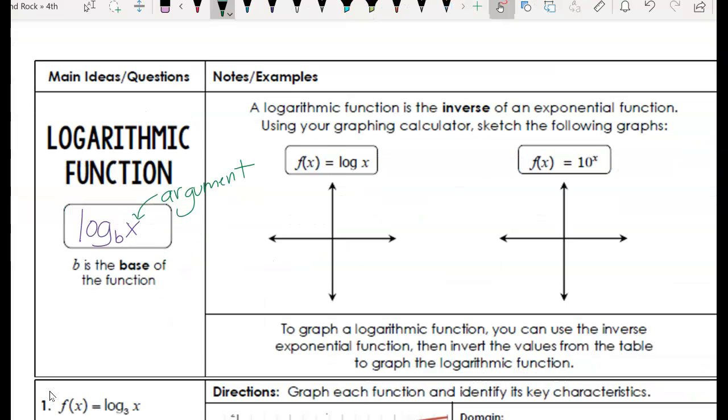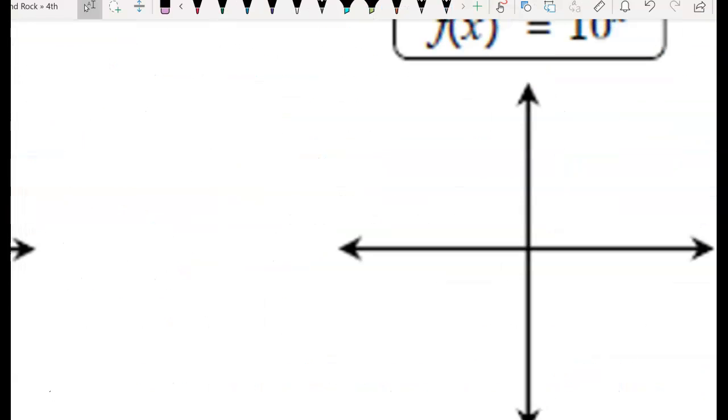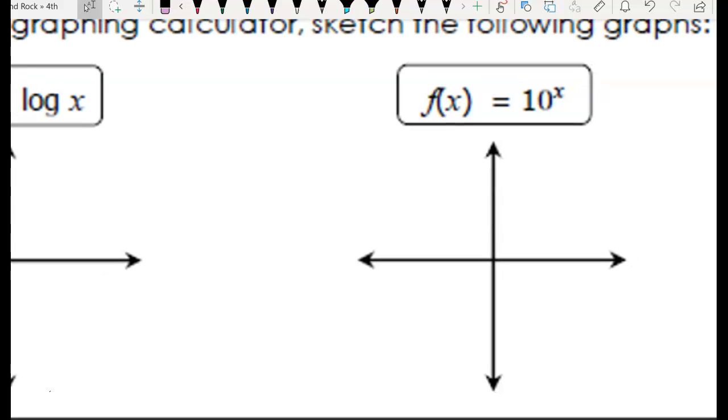Before we graph log, we're going to go ahead and graph this exponential just really quickly. What do we know about this exponential? What can we immediately graph? 0, 1. Okay, yeah. What else can we immediately graph? The asymptote is what I would have started with, but 0, 1 is perfectly fine.